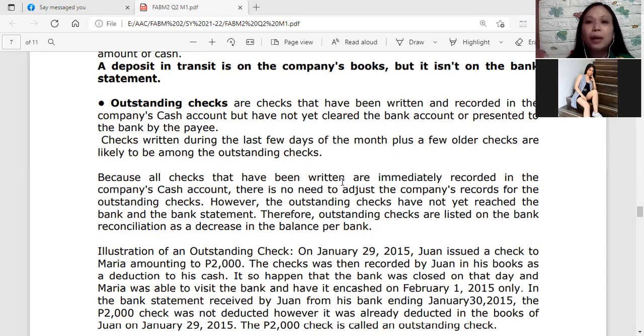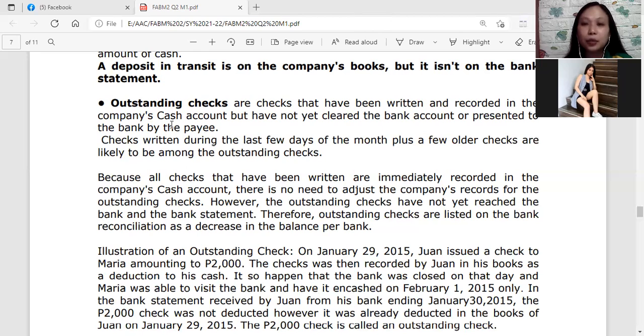Let's say they pay VECO for their electricity. They have made a check and it has been recorded. But when they paid it to VECO, VECO has not yet deposited it in their bank. So it was not deducted from the amount yet. You call that an outstanding check.